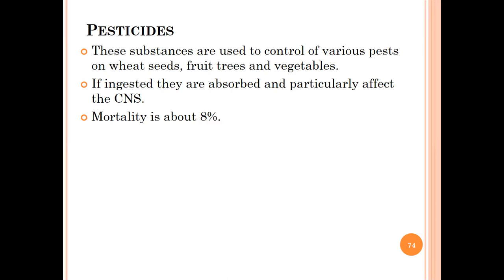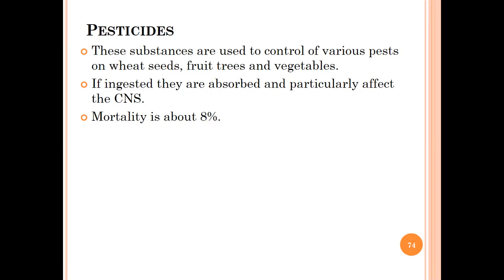This time is usually up to 2 weeks. Usually pesticides affect the nervous system. Sometimes pesticides can contaminate drinking water. And recently it was mentioned in some states in India.